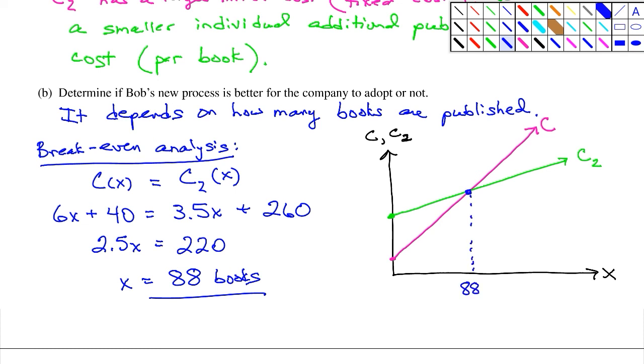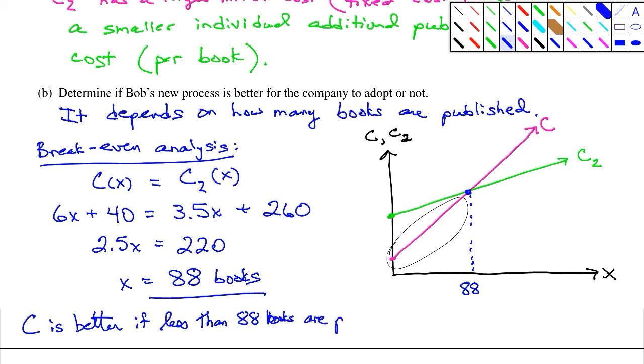And now we can answer the question. So which one is better and when? In this section right here, C has a lower cost. So C is better, cheaper in other words, if less than 88 books are published.